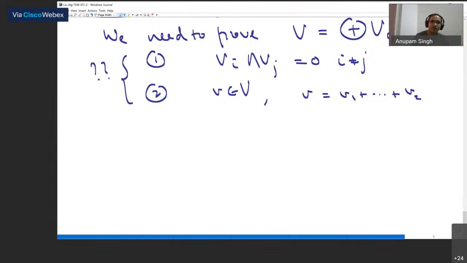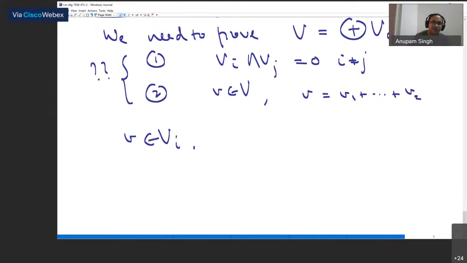So here is how we prove this. We want to prove that Vi intersection Vj is zero. So let's take a vector v in Vi and a vector w in Vj. No, I have to take the intersection, so I should take the same vector.